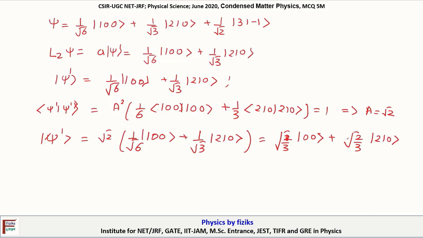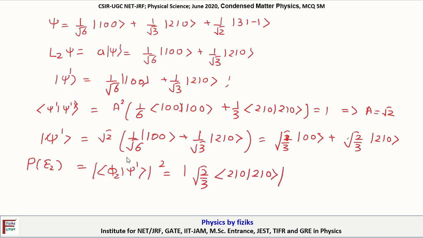Now the probability of having the state n=2, which gives energy E2, would be the mod square of the coefficient. That would give us √2/√3 times ⟨210|210⟩, mod square, which is equal to 2/3.